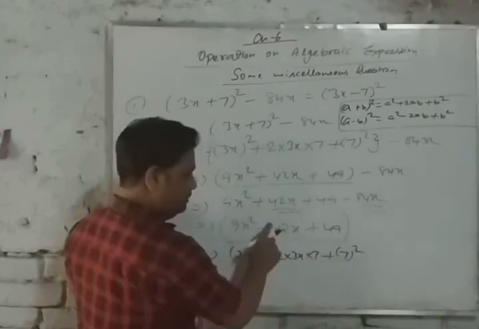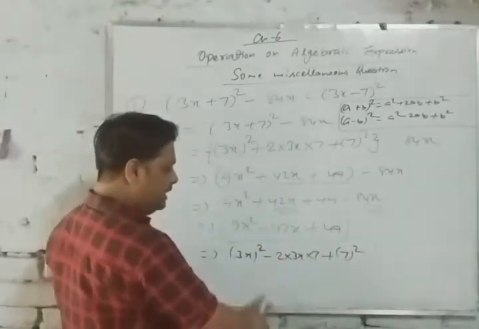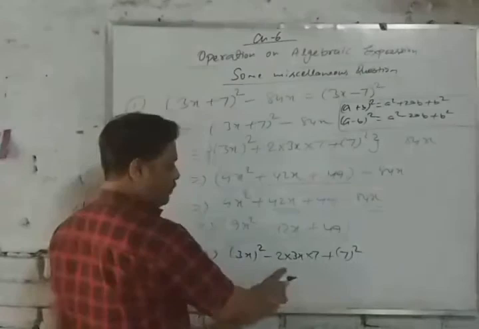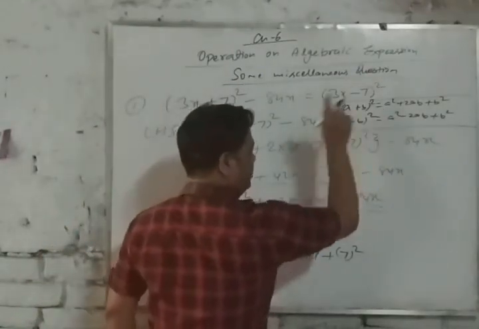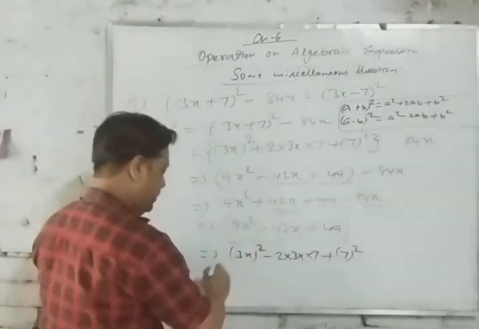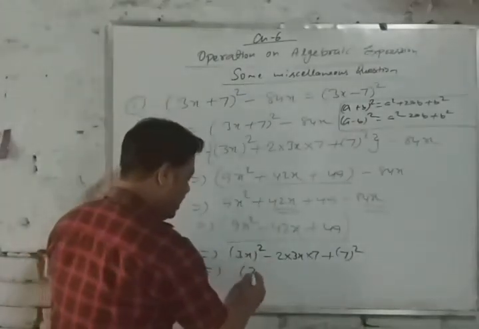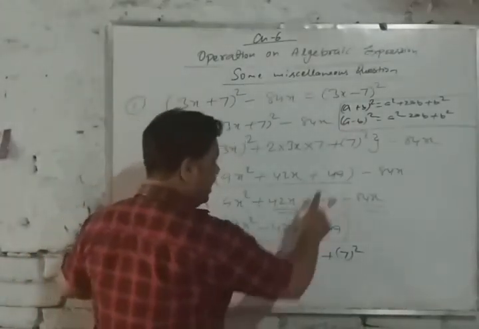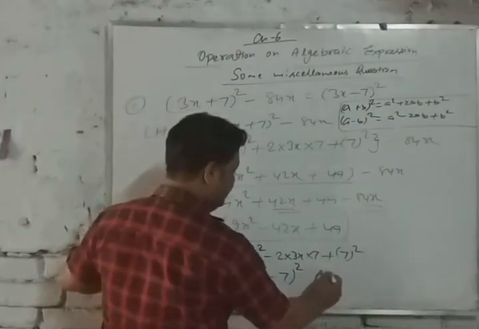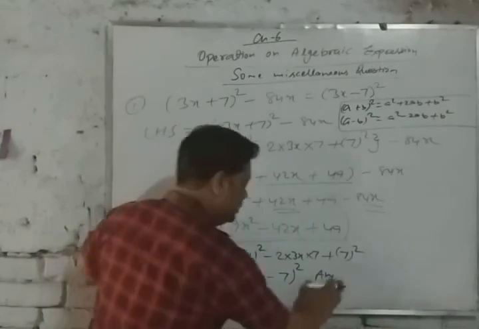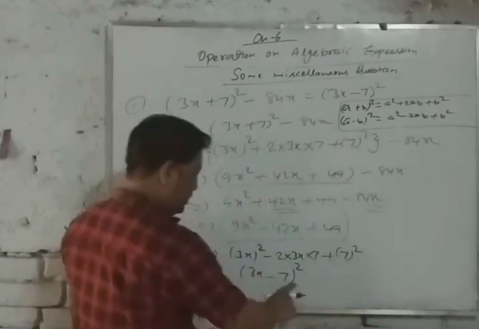The value is the same. That is, we can say that this formula is based on this identity. So we can write (a - b)^2, the opposite formula. So a is 3x and b is 7. And in between we will write the minus sign, to the power 2. And last we will write that it is the same.